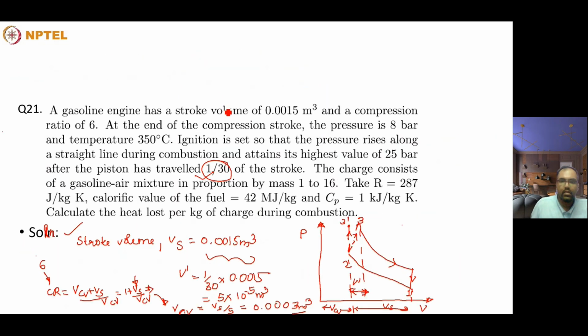So the actual input heat from fuel is given by mass flow rate of the fuel multiplied by the calorific value of the fuel.